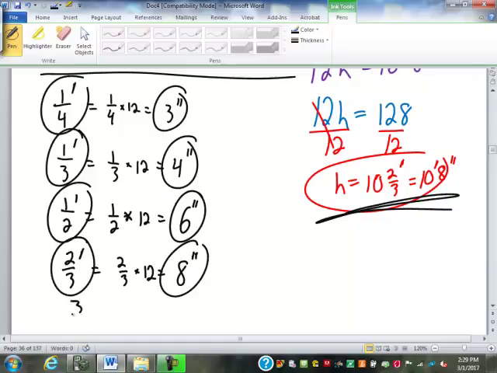And then 3/4 of a foot. 9 inches, very good. 3/4 times 12 is 9 inches. Those 5 fractions of a foot, you should have memorized very shortly if you're going to be working in the construction industry.